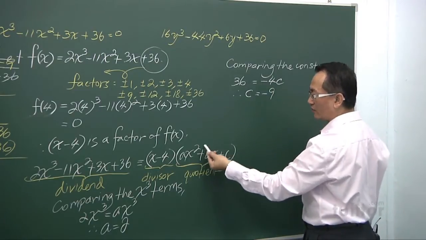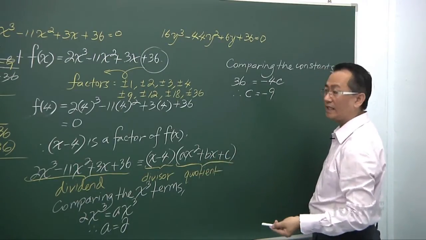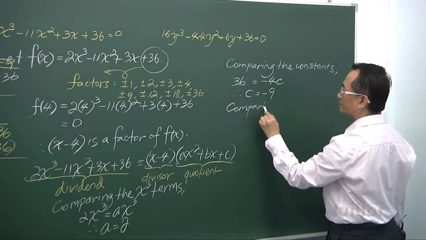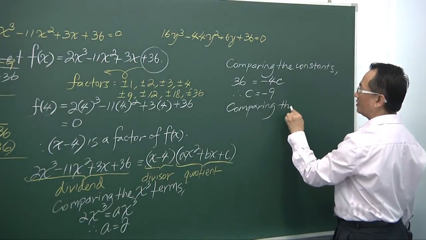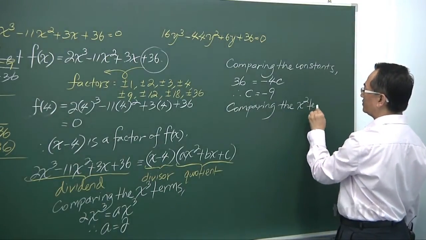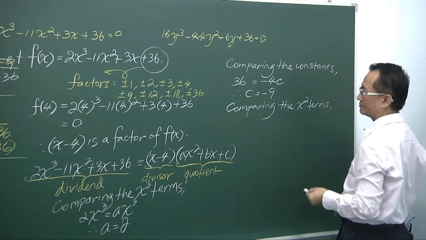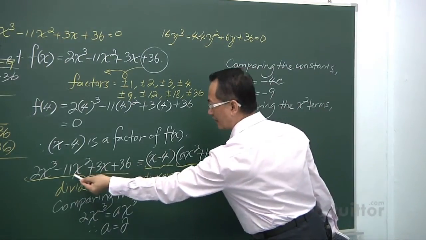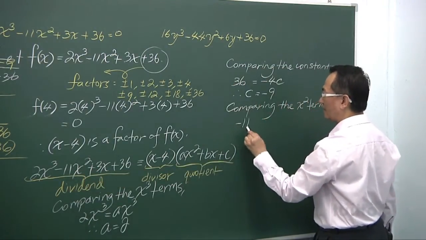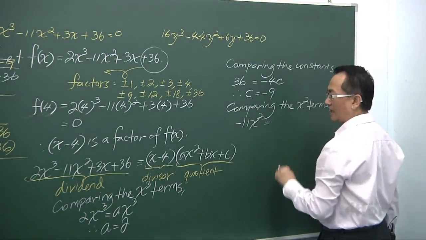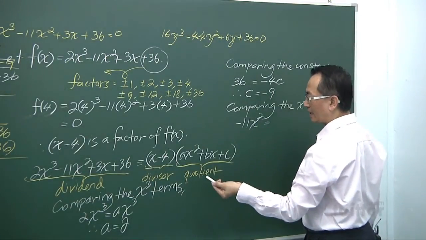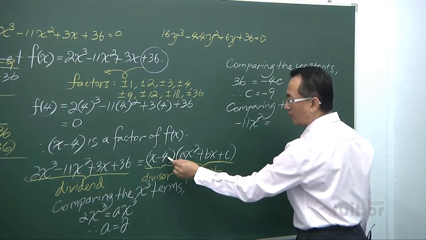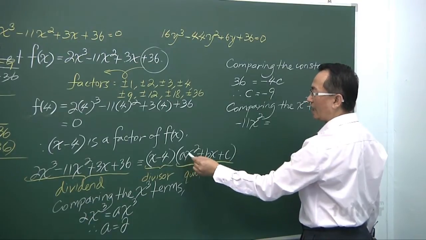So then I have to focus on finding the value for b. So I can just compare the x squared terms. So on the left hand side of the identity, I have negative 11x squared, and on the right hand side I can obtain x squared terms simply by doing this, minus 4 times ax squared.